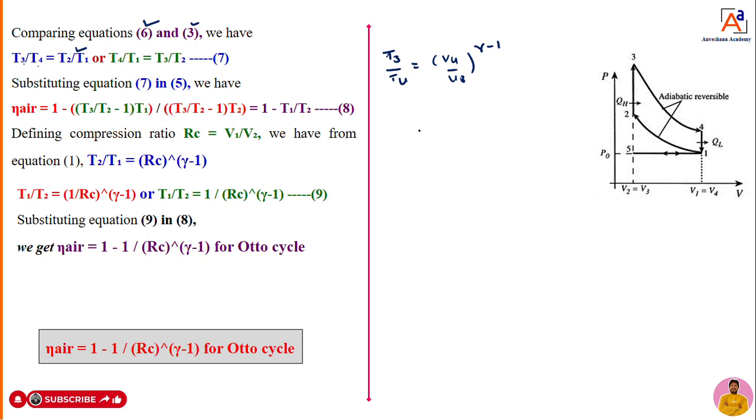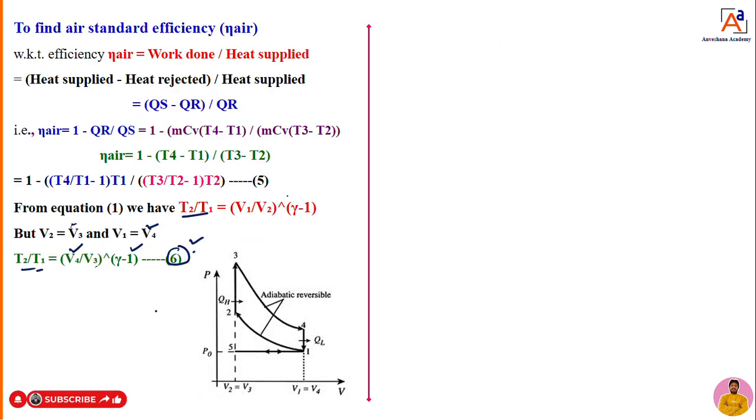This is equation number 3. And what is equation number 6? T2 by T1 is equal to V3 by V4 to the power of gamma minus 1.